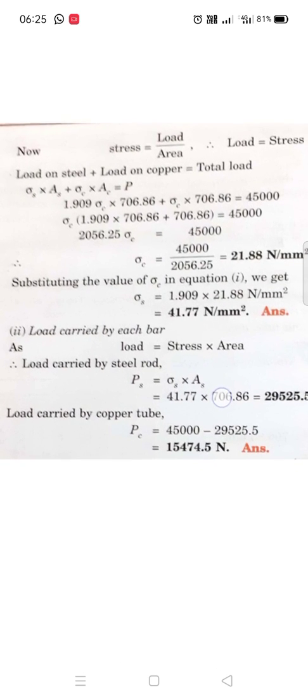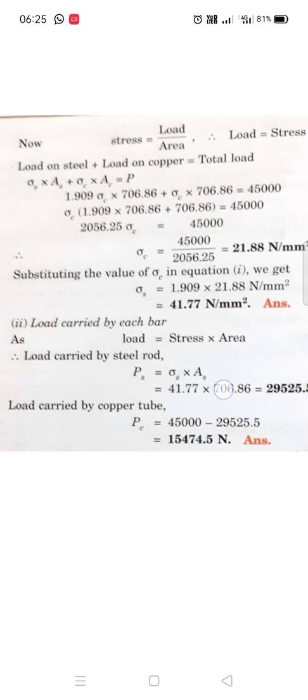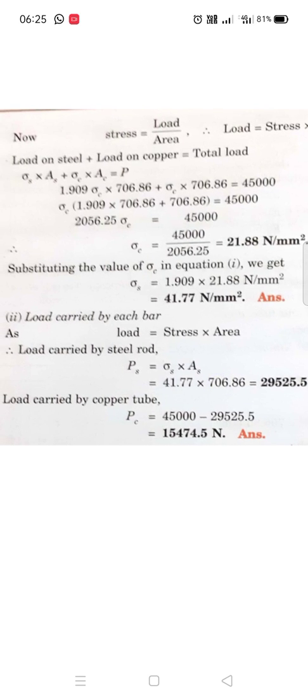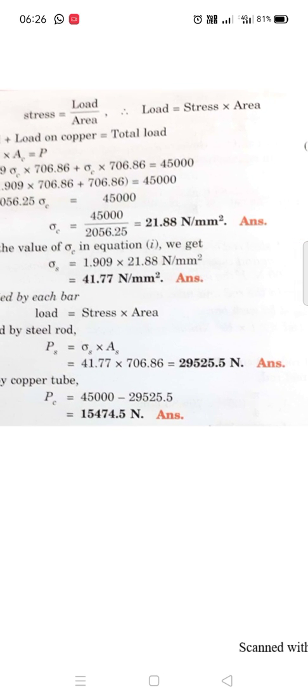Now we determine the load carried by each bar. Load is equal to stress into area. Load carried by steel rod P_S is equal to rho S into A_S, which is 41.77 into 706.86, totally 29,525.5 Newton.